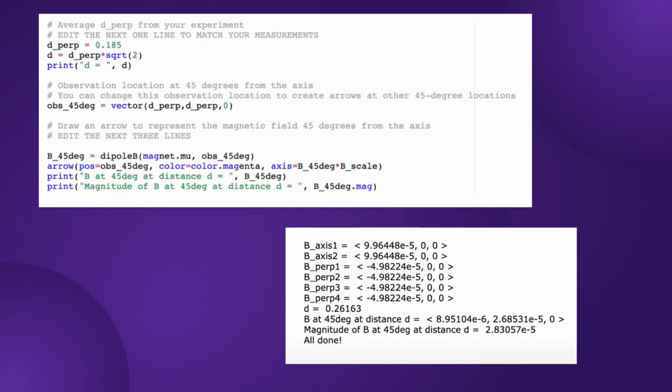Okay, in the next slide, I have the perp printed, and I have the observation location at the 45-degree angle, and this last code is the printout of all of that code. We can see here that all of the results of the experiment are stated below.